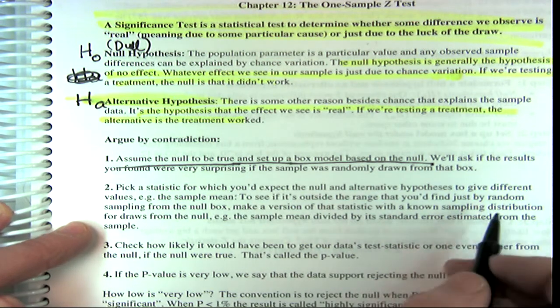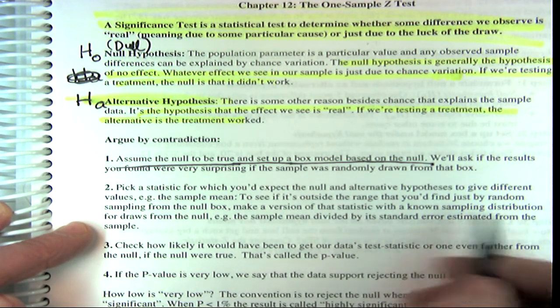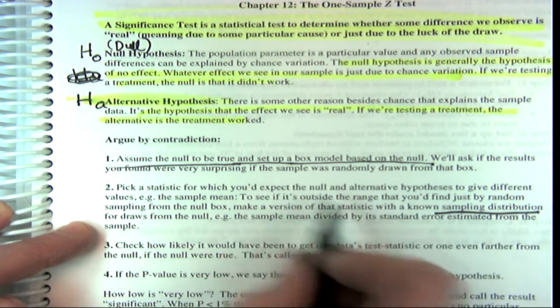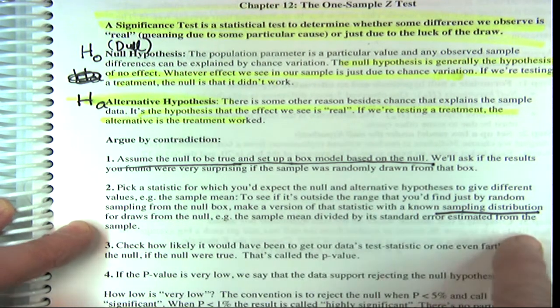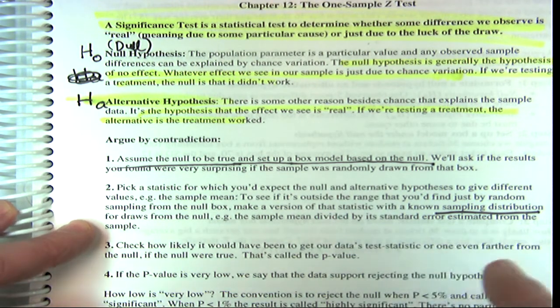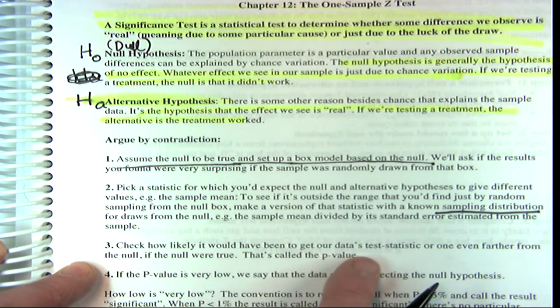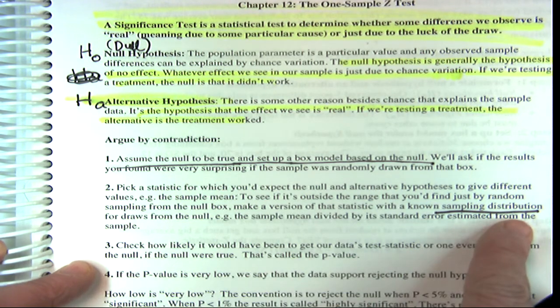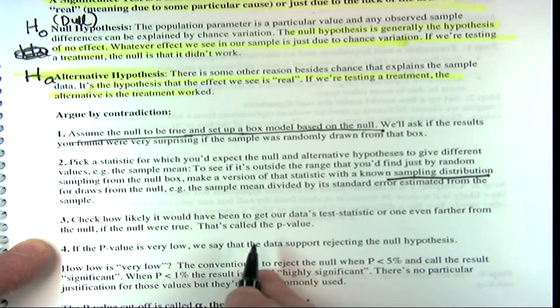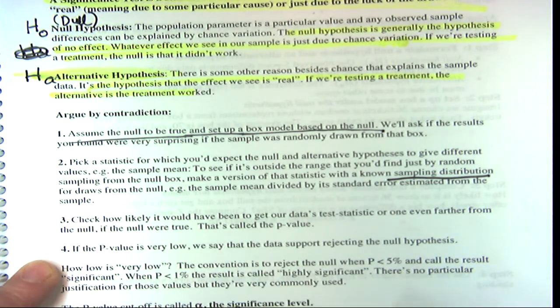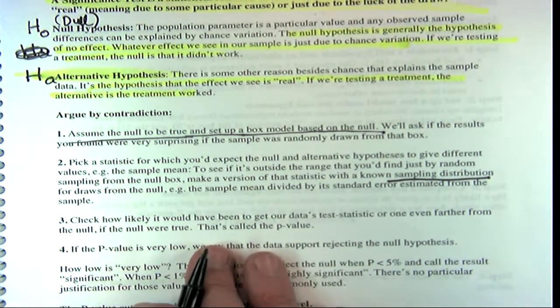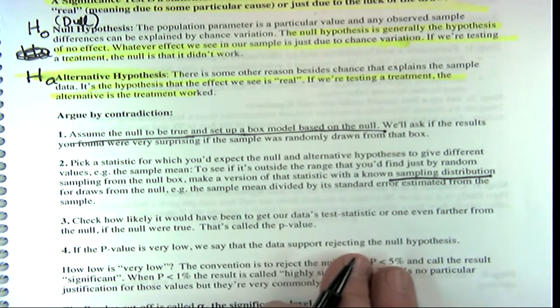We pick a statistic so we can get this sampling distribution, and then get a p-value to see how likely it is. The p-value will show us how far out it is on that sampling distribution. If the p-value is very low, we reject the null hypothesis. All right, so that is the plan.